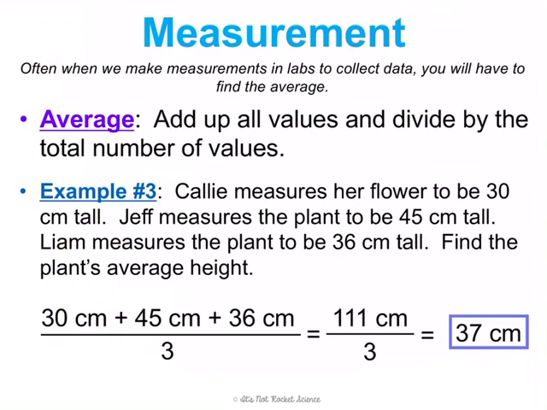Right, so in physical science class, it's always very important to make sure that you have your unit value as part of your answer, right? Because otherwise, we could assume that it's 37 miles, meters, inches, anything, right? So we need to make sure that we are including our units in our answers.